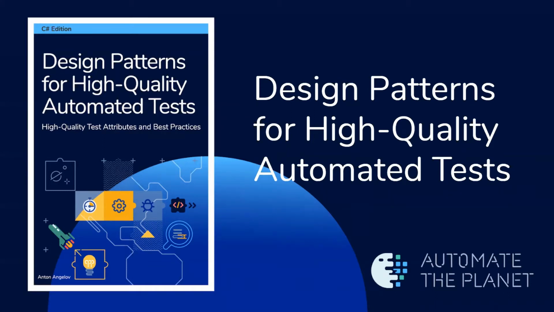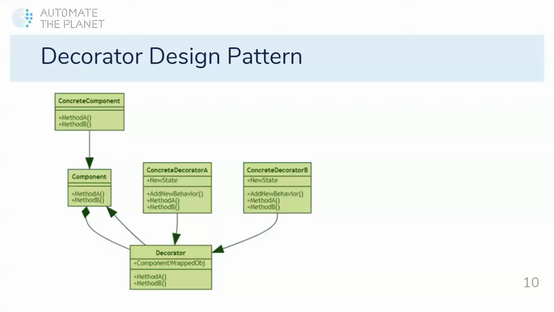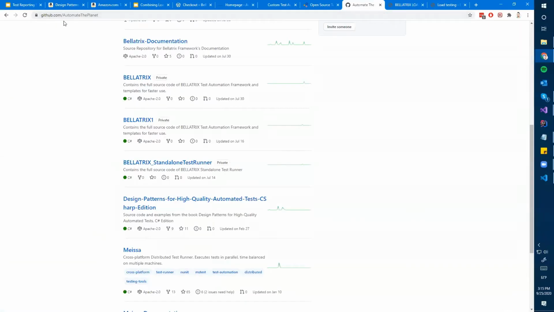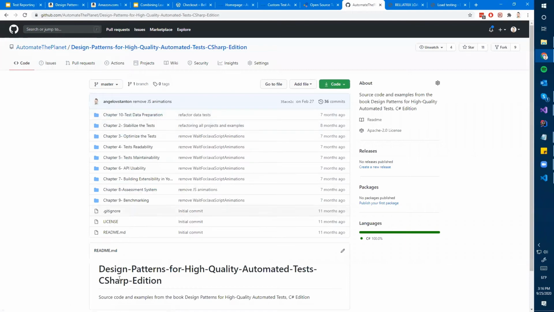I will use some of the code examples, which are absolutely free to download. If you go to GitHub Automate the Planet, here you can find the GitHub repository Design Patterns for High Quality Automated Tests, C# edition. These are all demos from the book for all of the chapters.